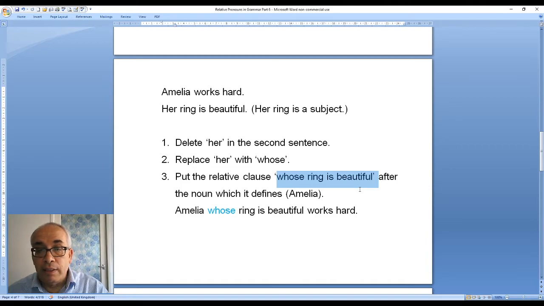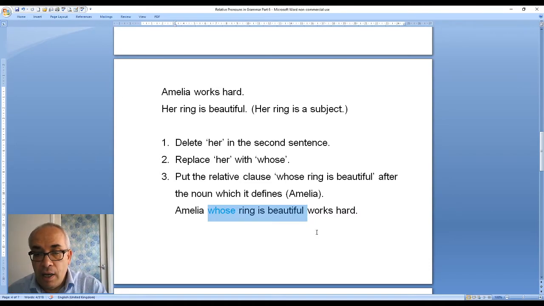What do I do with this relative clause? I put it after the noun which it defines. So this is the relative clause whose ring is beautiful, and I put it after Amelia. Amelia is the noun.